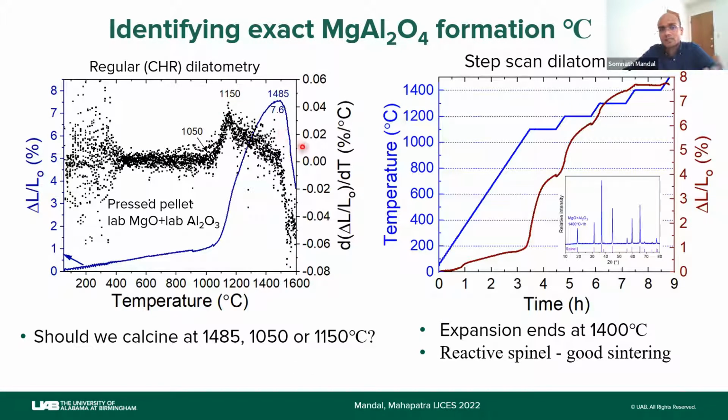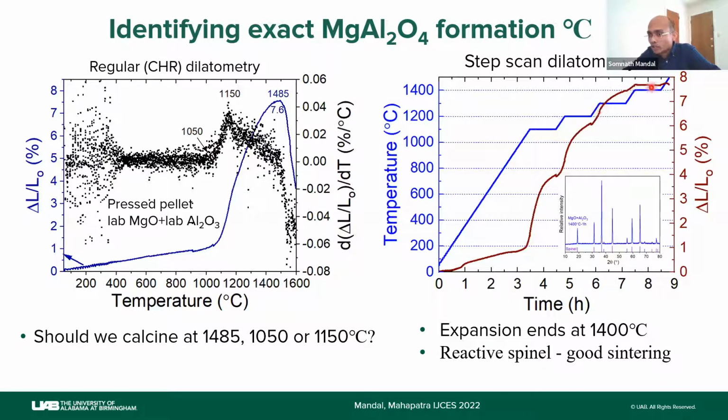You can do all these temperatures and do XRD, but there is a better technique, which is called step scan dilatometry. What you do is that you use the same pressed pellet, and you add steps in it, like temperatures. So 1100 degrees C, 1 hour soaking, 1200 degrees C, 1 hour soaking, 1300 degrees C, 1 hour soaking, and so on. And from there, you see that at each soaking time, there is expansion.